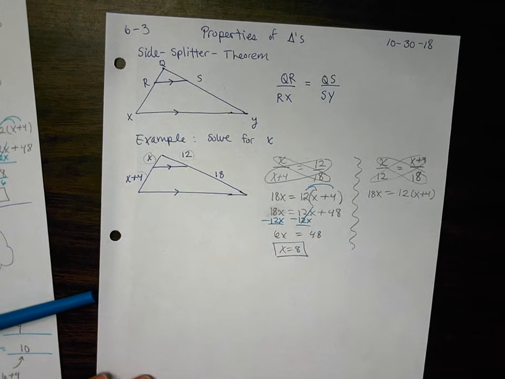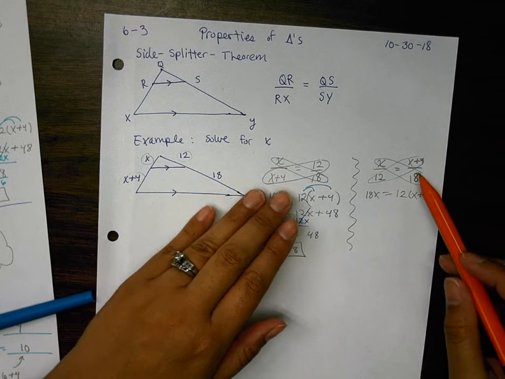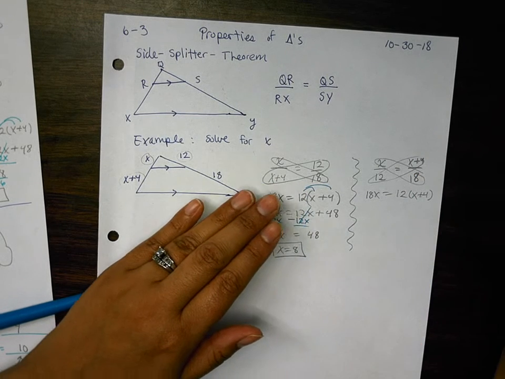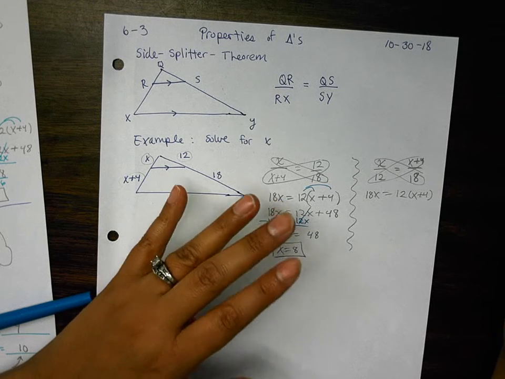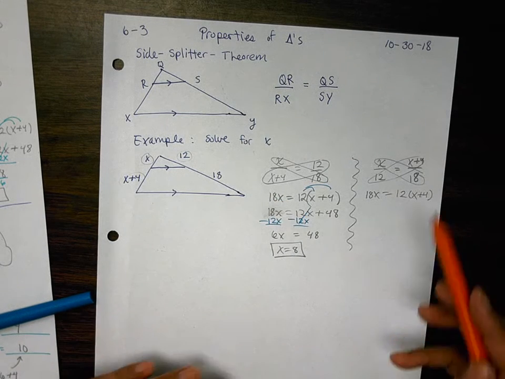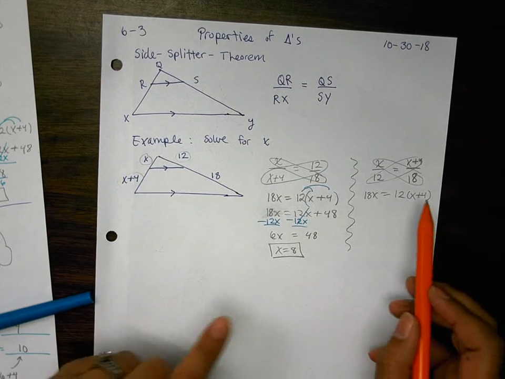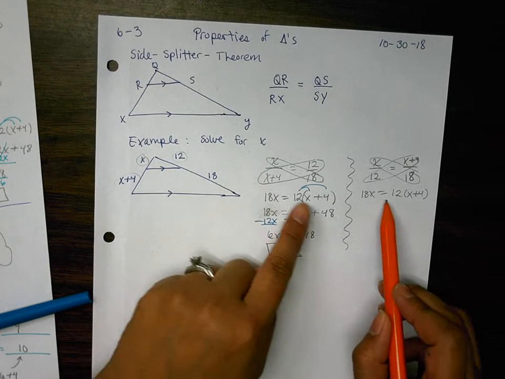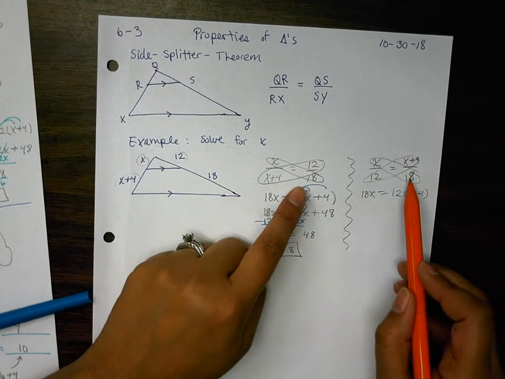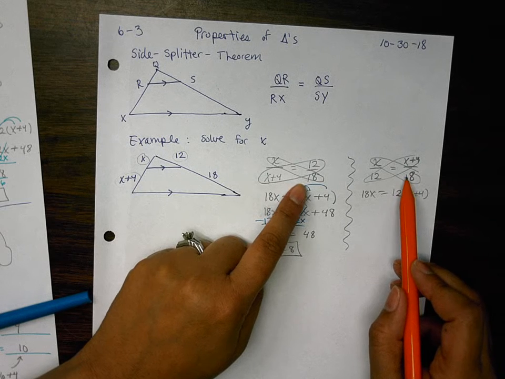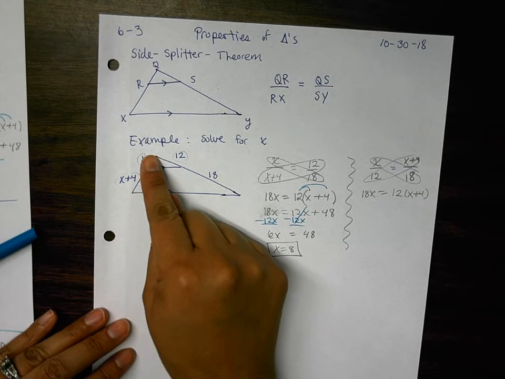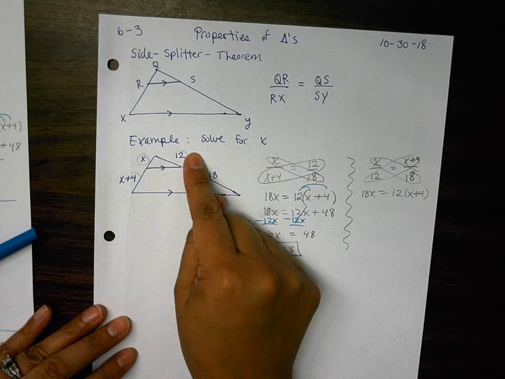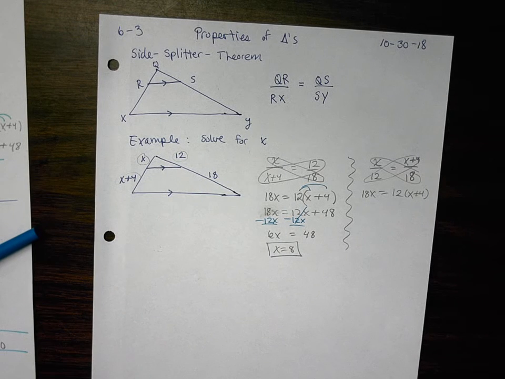You guys, you need to know how to check if these two things are the same, because there will be a test question that'll give you a handful of proportions, and ask you which one is the same as this one. And how can you tell if they are the same? Cross multiply, do you end up with the same thing? So if a student wants to do left over left and right over right, and someone else wants to do top over top and bottom over bottom, is it okay?